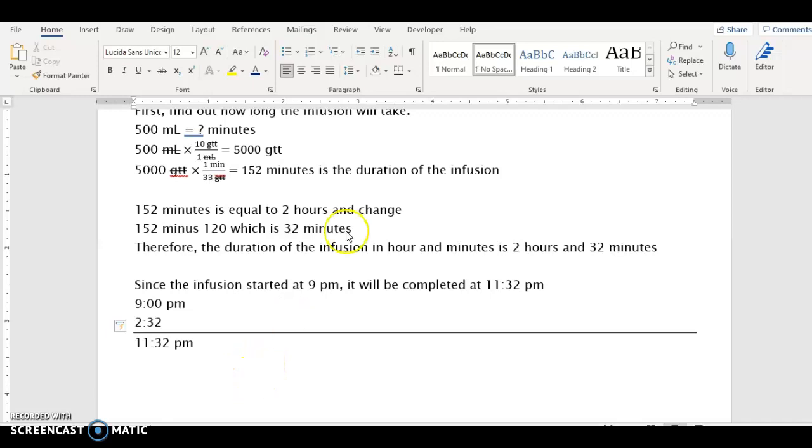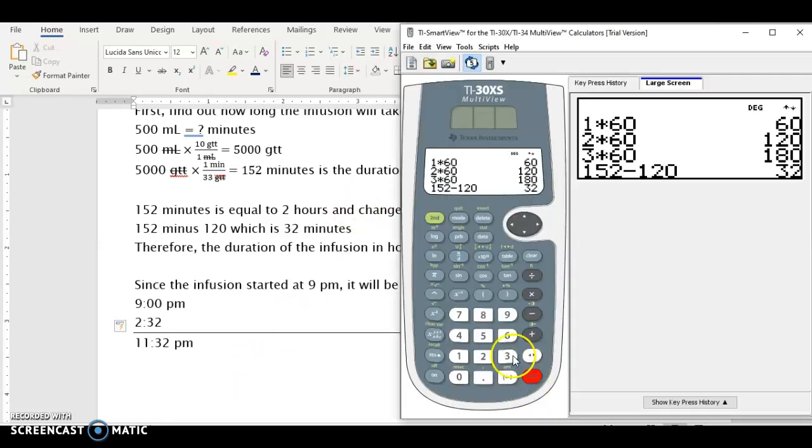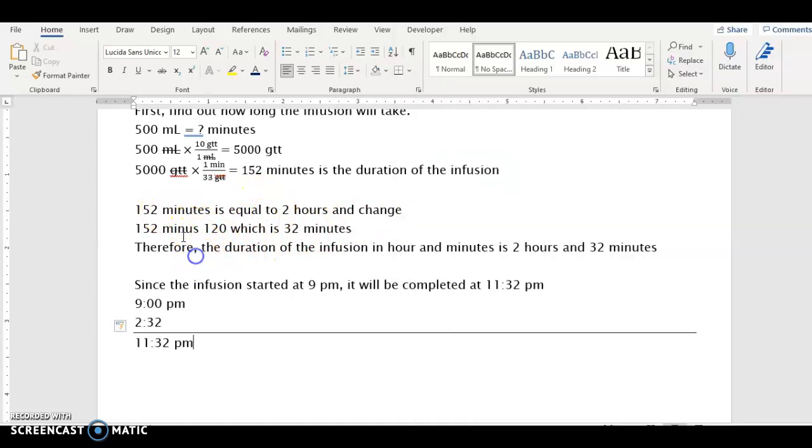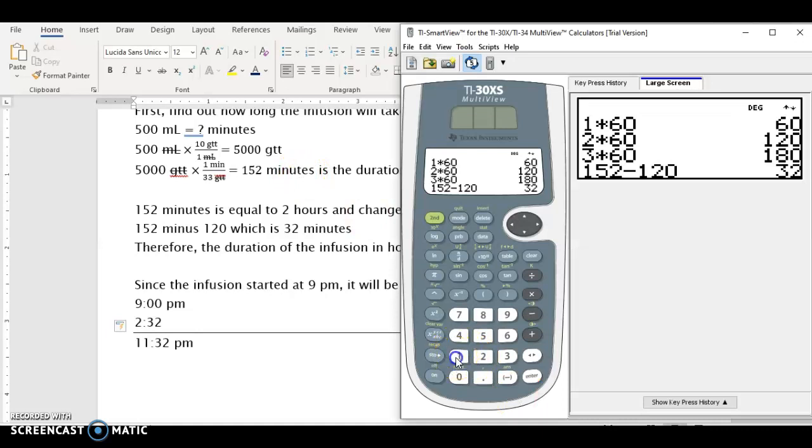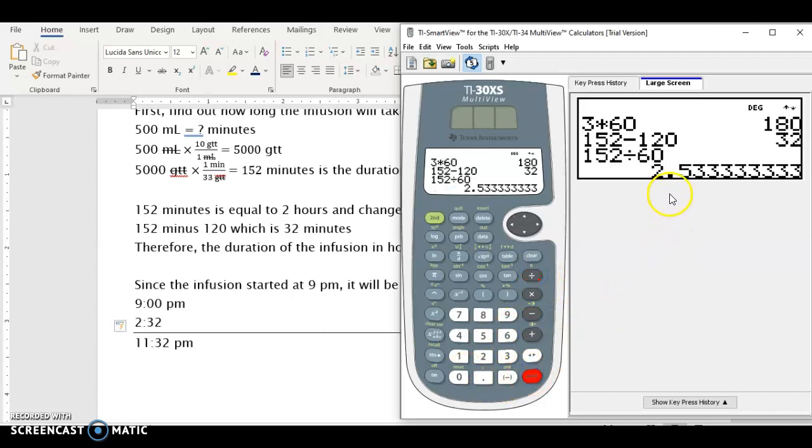Then the question becomes, if we wanted to convert the 152 minutes into a time in hours and minutes, how could we do that with our calculators? What you do is take 152 and divide it by 60. That's going to give you a decimal. The whole number part, which is 2, represents the number of whole hours.